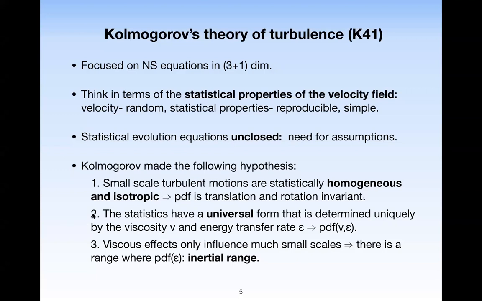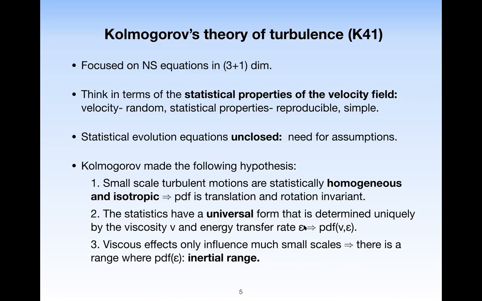And then the first of the similarity hypotheses states that if you're dealing at the same scales as before, then the statistics take a universal form. And in fact, the physics can only depend on 2 scales. One is the viscosity, which I denote here by ν, and the other one is the kinetic energy transfer rate, which I denote by epsilon.